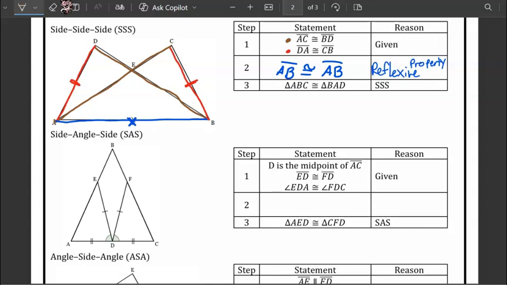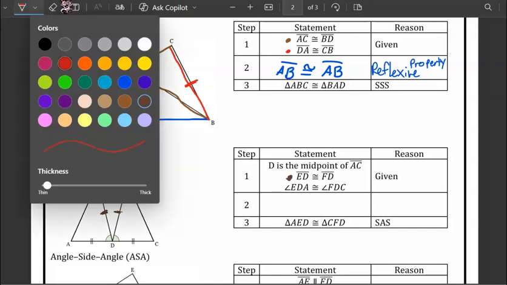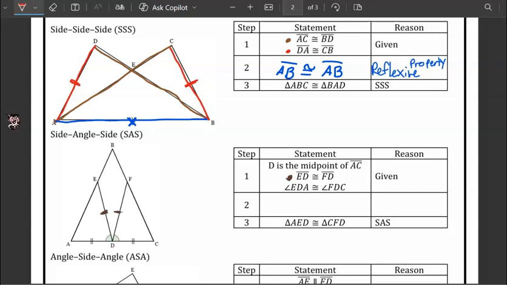Our givens is that D is the midpoint of AC, and then we have ED is congruent to FD. And then also angle EDA is congruent to angle FDC. So those are givens.